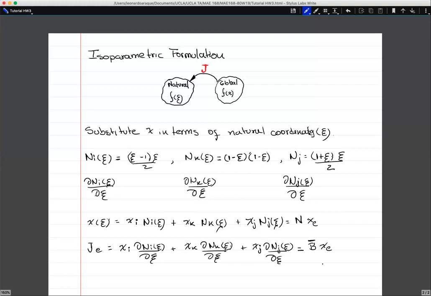So this is nothing else than the dot product between the vector containing the derivatives of the shape functions, v bar, and the vector containing the location of each of the nodes, xe, right? That's what it is.